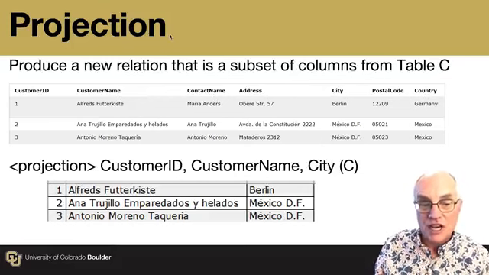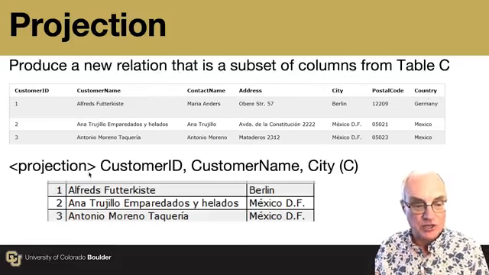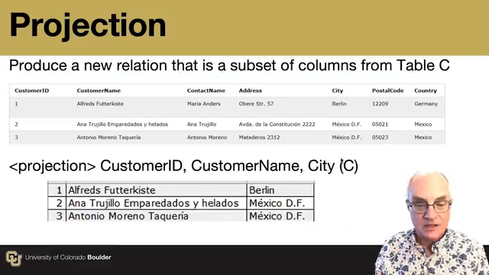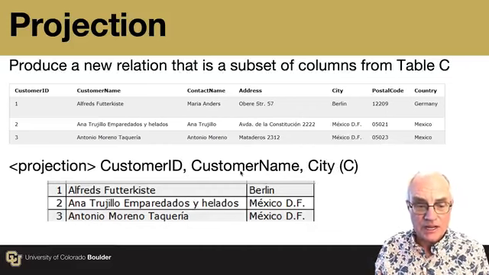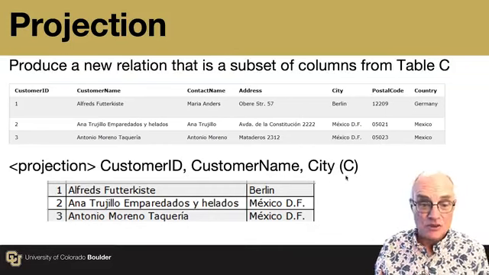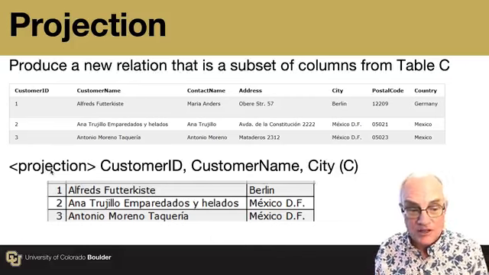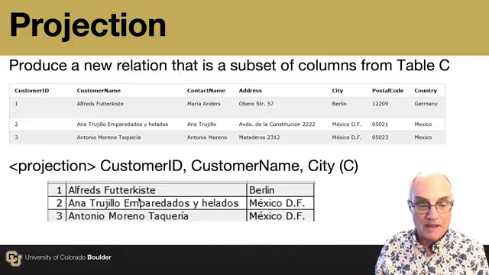If I do a projection operation against the relation C, I'm grabbing the columns customer ID, customer name, and city. So the relational algebra operation of projection will grab me those three columns.